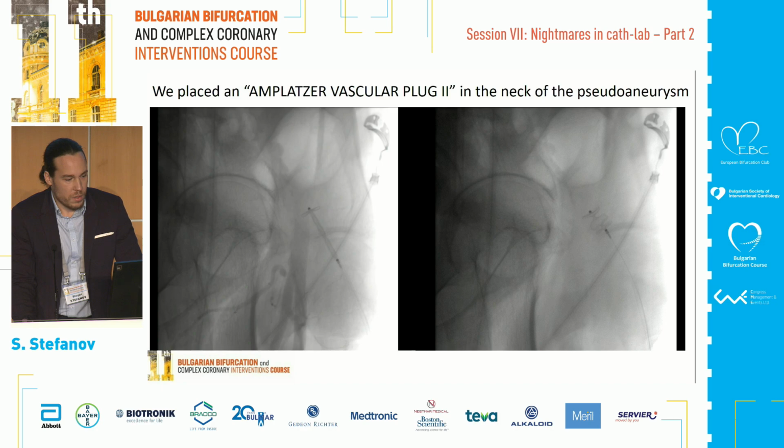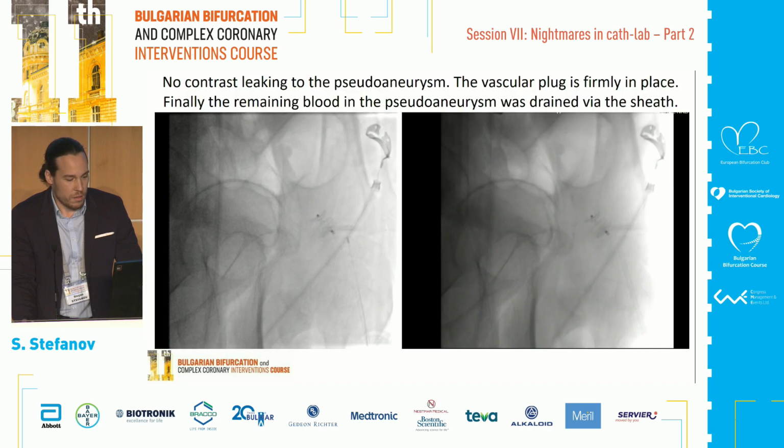And the next step, we placed an Amplatzer second-generation vascular plug device in the neck of the pseudoaneurysm. After making sure it was in place and stable, we released the device.